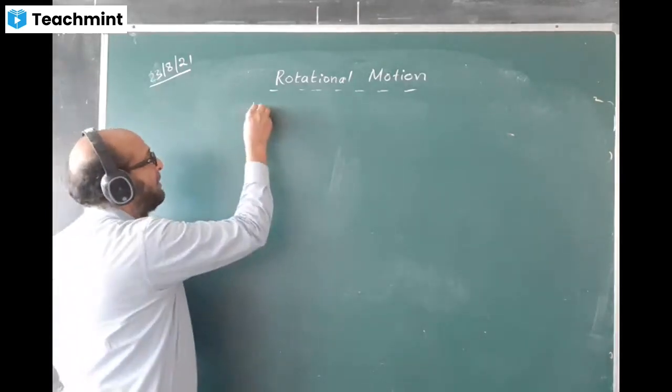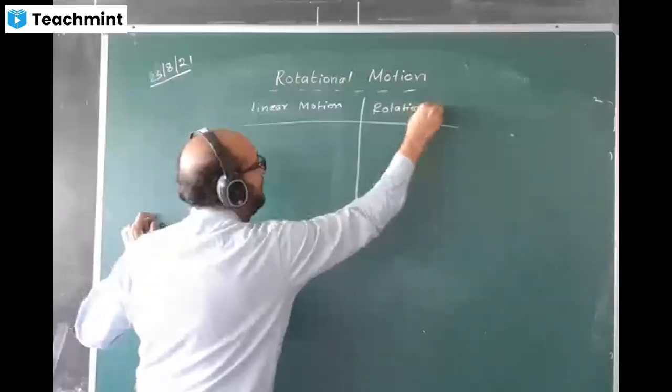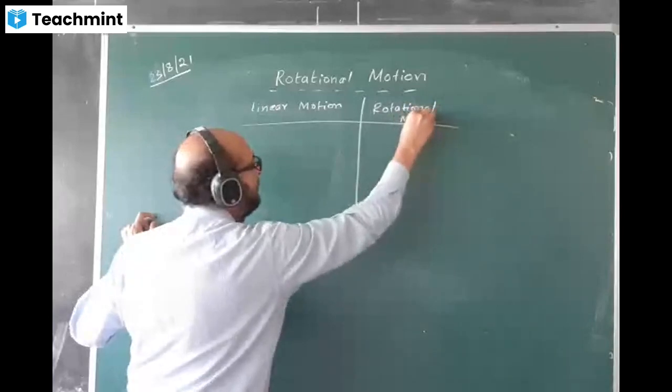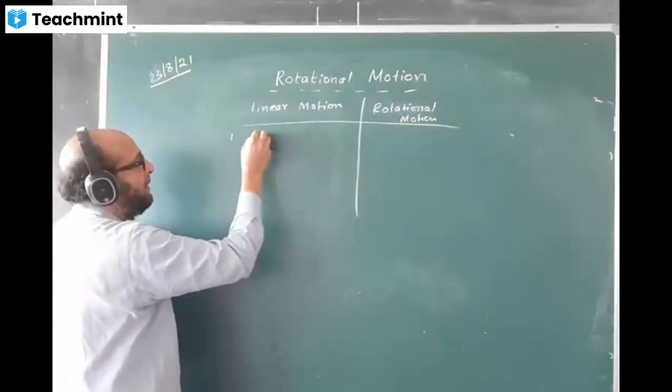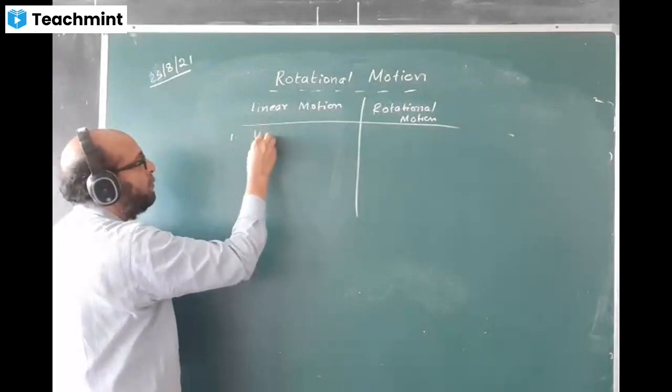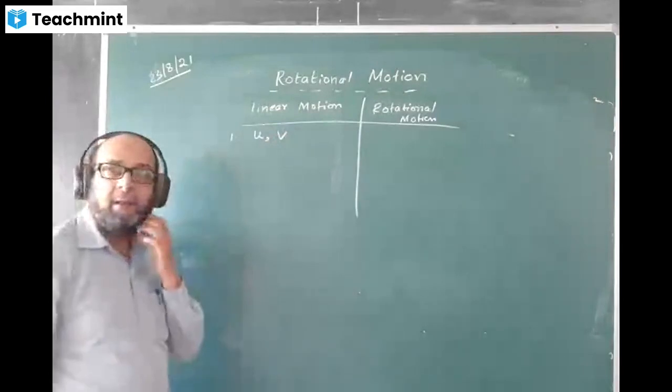In linear motion and rotational motion, here we say velocity. There are two velocities, u and v, the initial and final velocity.